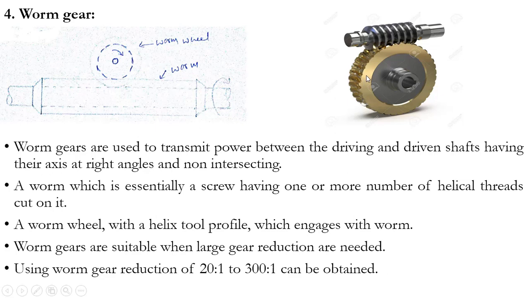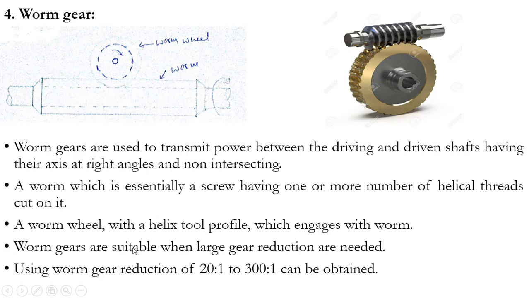So as you can see, we have a worm which is in the shape of a screw, having one or more helical threads, and this worm wheel with a helix tooth profile engages with this worm.